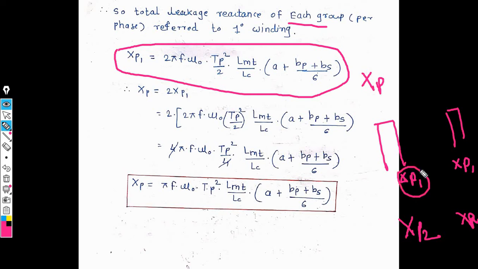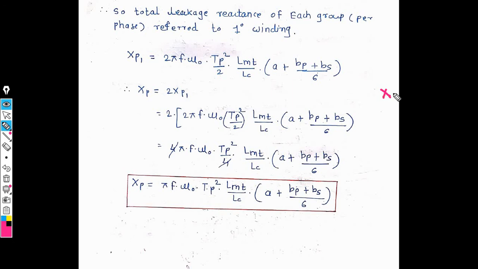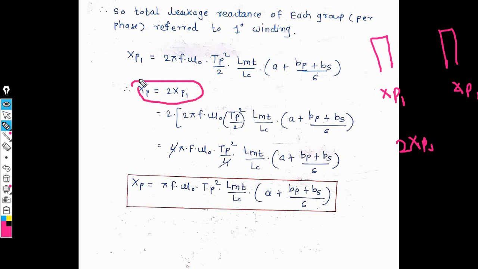Then Xp1 and Xp1, that is, Xp is equal to 2 into Xp1: this Xp1 plus this Xp1, one for the first and one for the second. Then put Xp equal to 2 into Xp1, and put the value of Xp1 here.